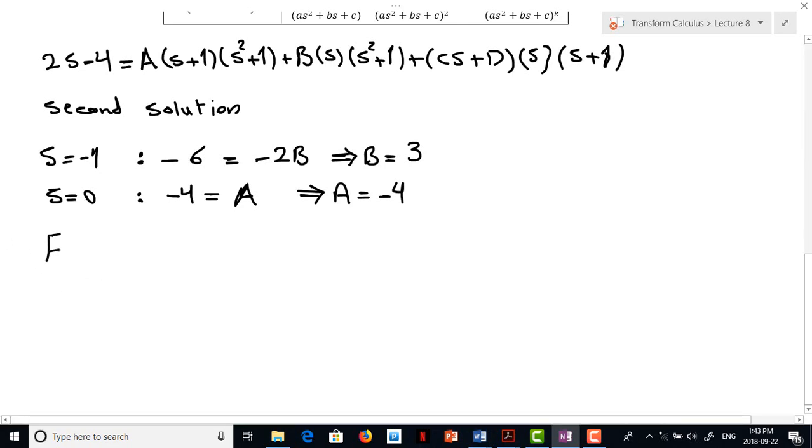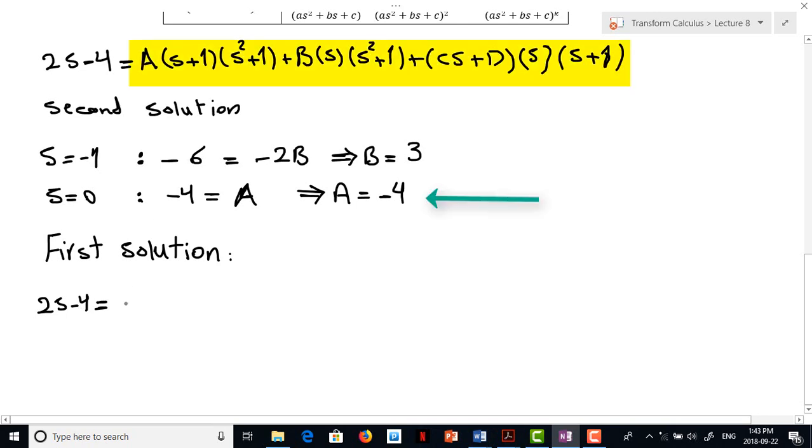So for the first solution, I just expand the right hand side of the equation. In the left hand side we have 2s minus 4. It's equal to a times s plus 1. We already found a. A is equal to minus 4 times s plus 1 times s squared plus 1, plus b.